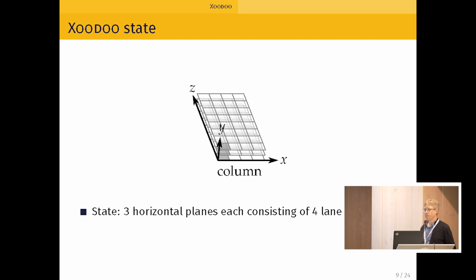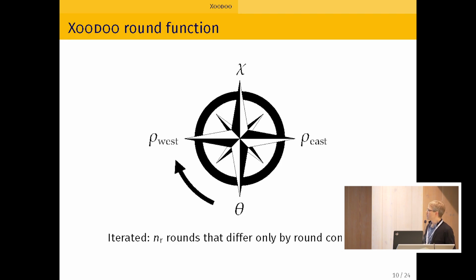A column is something that we are going to use a lot in the round function. So the round function consists of first theta, the linear mixing. Row west, where we move the planes independently of each other. Then chi, the nonlinear S-box, and row east, again we move the planes independently of each other. And of course, there are round constants.